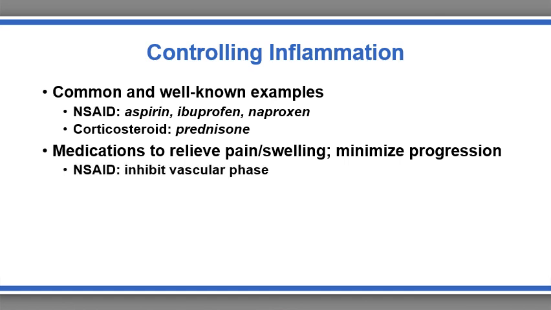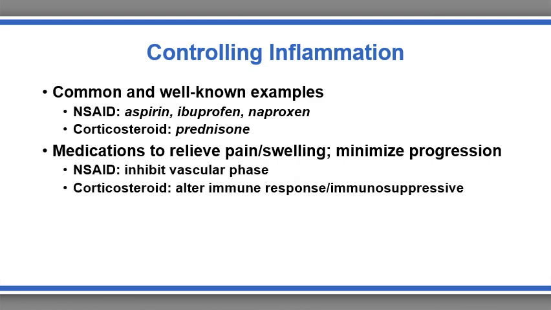So say for instance with NSAIDs, NSAIDs look to just inhibit and limit the vascular phase of inflammation. Whereas corticosteroids alter the overall immune response and are immunosuppressive. They actually even impact the lymphocyte reaction that occurs.